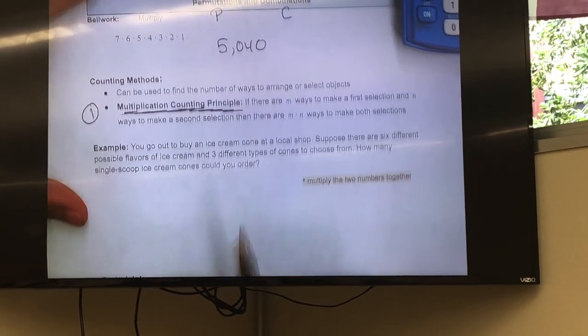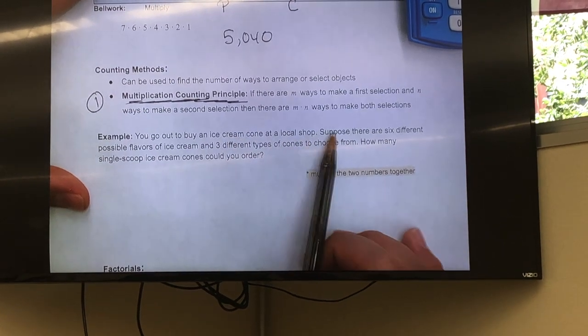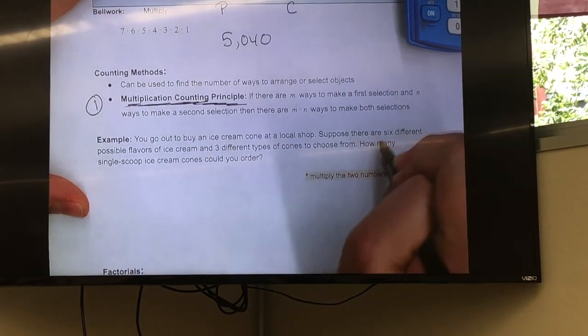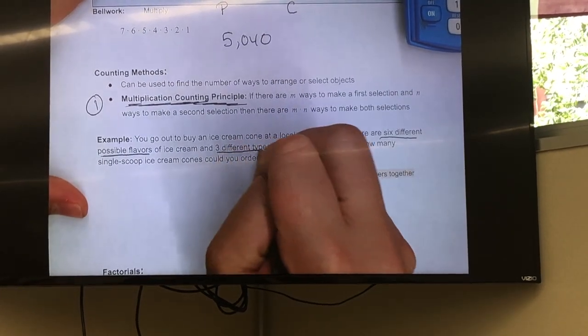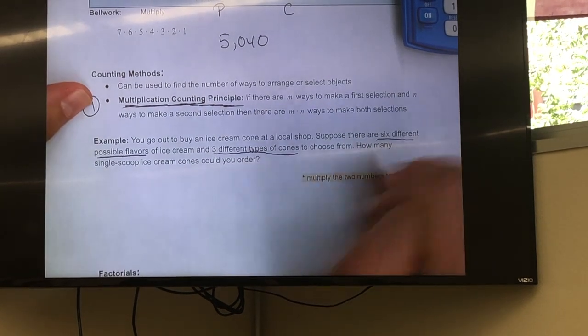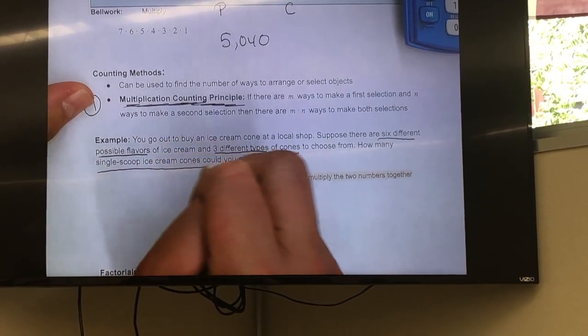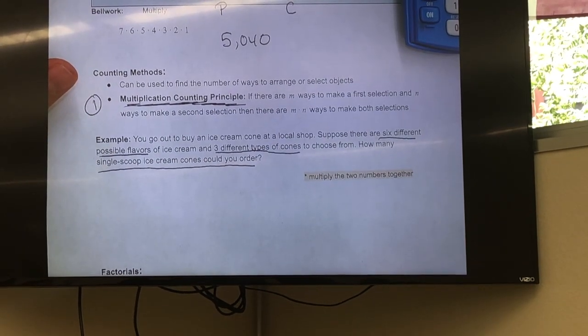So our first example, we go to buy an ice cream cone at a local shop. Suppose there are 6 different flavors and then 3 types of cones, okay? How many single scoop ice cream cones could you order? Many of you probably do not need to know this, right?